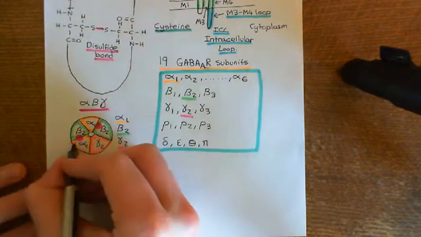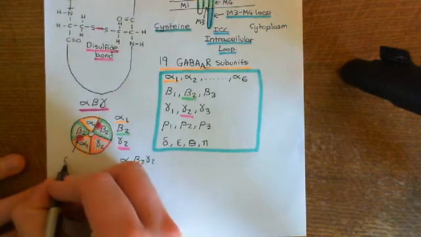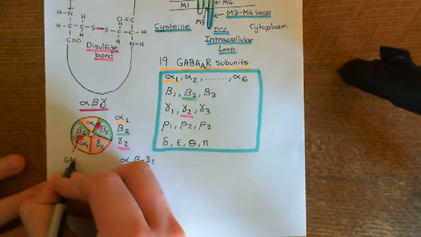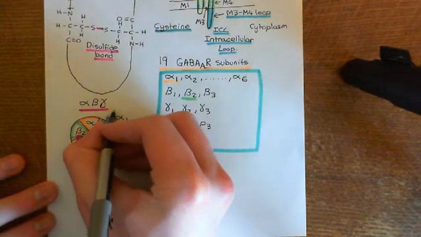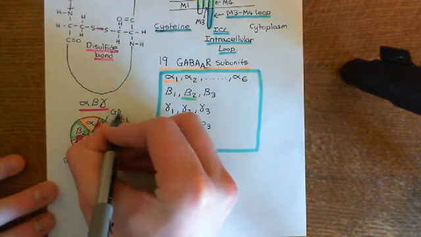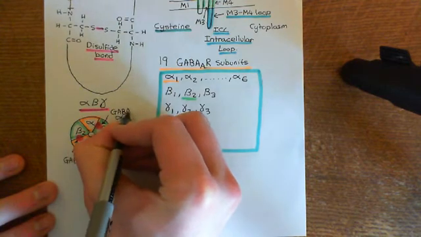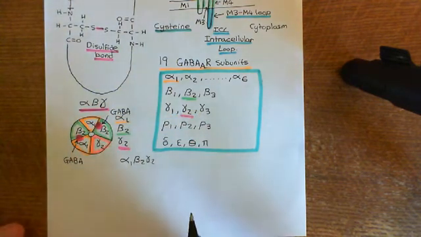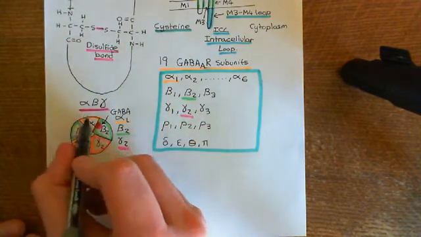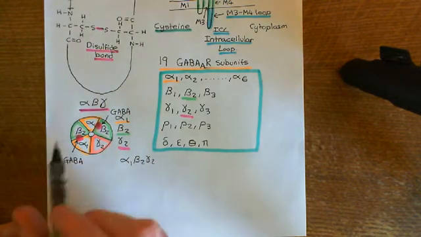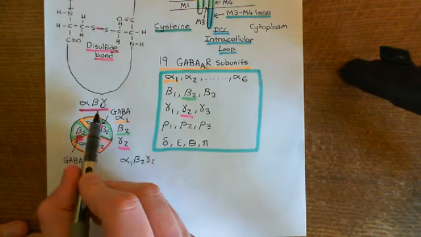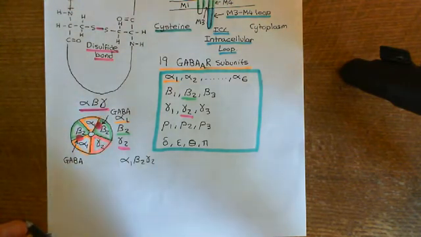So this is a GABA binding site, and also you've got another GABA binding site up there, and you'll notice that they're positioned in between the alpha and the beta subunits. That's the case not only for this alpha-1, beta-2, gamma-2 GABA-A receptor, but also for all alpha-beta-gamma GABA-A receptors.